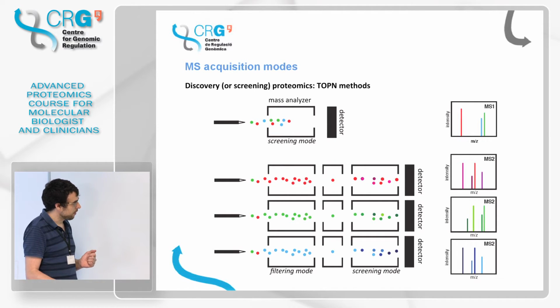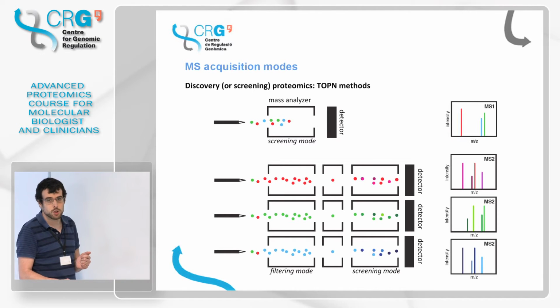The MS2 spectra is not much different from the MS1, but it contains only information about fragments of a particular molecule. So here I isolated the red one, I fragment it, and I record which fragments show up from this particular molecule. Then I get sequence information of this red one.